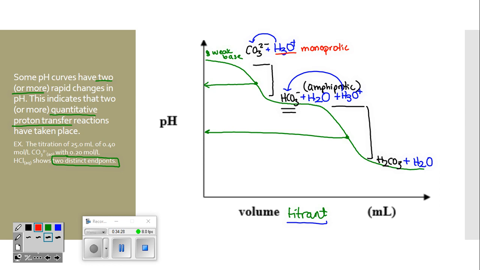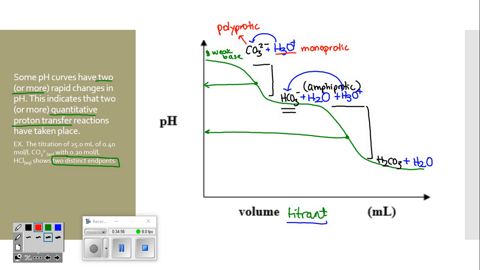We would call this polyprotic. Poly means many. In this scenario, it means anything more than one. But it's polyprotic because it could accept not one hydrogen, but two. One in the first step, and then another one in the second step.